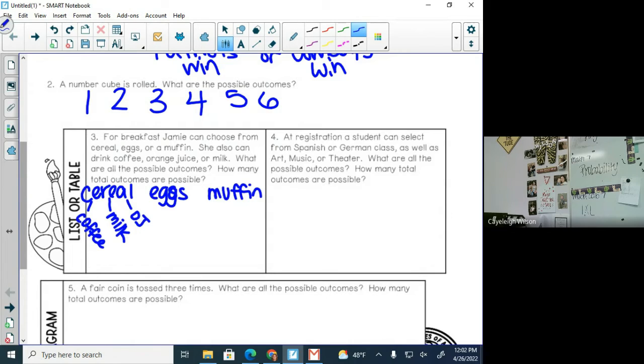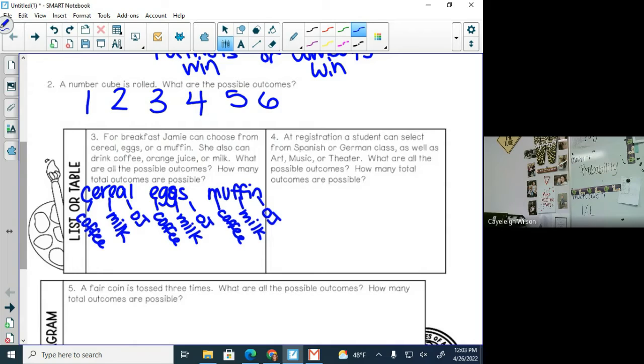But the same with the eggs. She can pick any of those 3 drinks as well. So eggs, she could also do coffee, milk, or orange juice. Or if a muffin, she could also do coffee, milk, or orange juice.